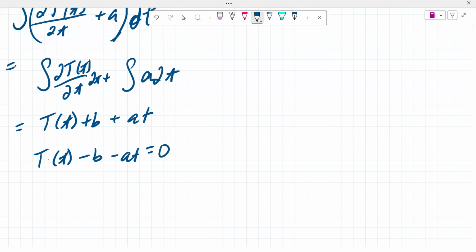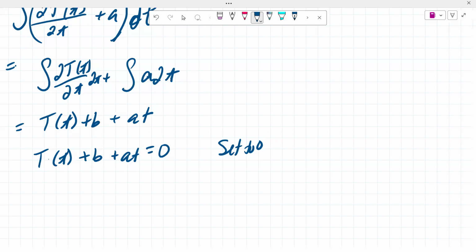Oh, no, this is wrong. These are pluses because they were originally. Let me just double check my signs here. When we come out of doing this, it's pluses, and we set it equal to 0.